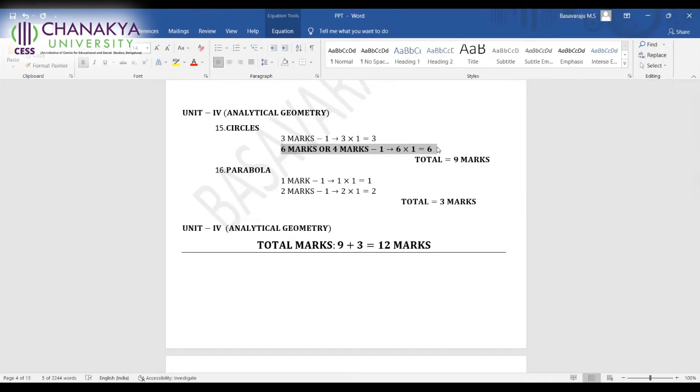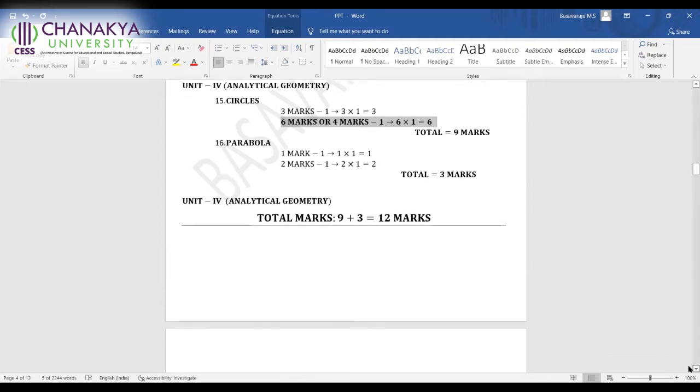And in the parabola section, you may expect 1 straightforward question, calculating the focus, equation of directrix, or writing some characteristics. So in this unit, you may expect almost 12 marks, that is 9 plus 3: 9 from the circles chapter, 3 from the parabola chapter.